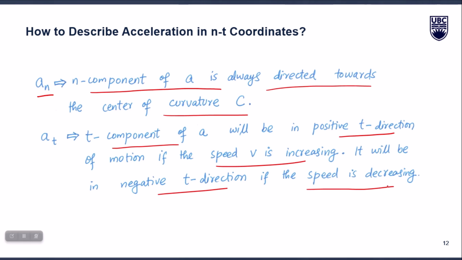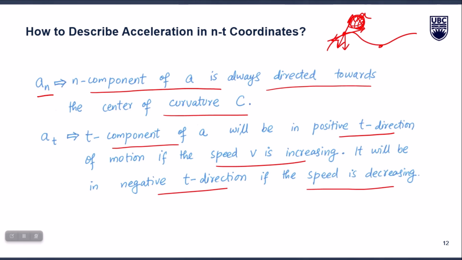So at any time instant, if for example this is the motion, you can have some a vector and then you have a t component and some normal component. Normal component will be facing towards the center of curvature. When the curvature changes, the direction of the a vector also changes, such that now the positive normal is towards the new center of curvature, right?